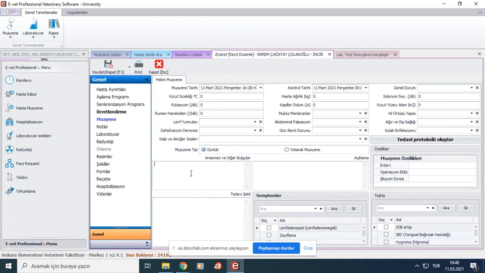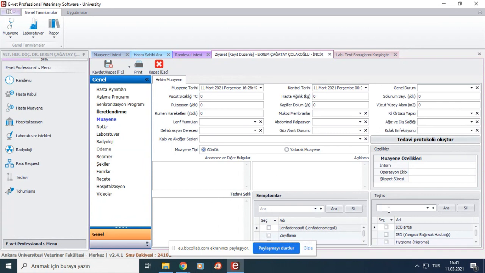For example, vomiting, diarrhea, like this. It's vomiting for 3 days, like this. And you can also write here the physical exam findings, with mucosal pallor maybe. And you can write the treatment protocol here.